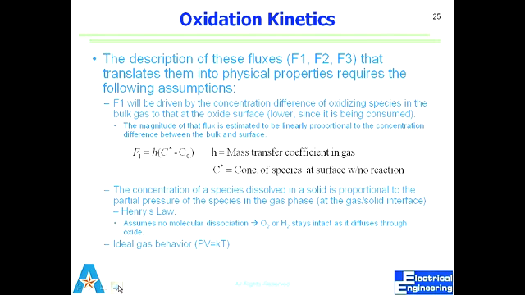PV equals KT. We have never seen temperature like this in terms of gases before. We have always considered K to be constant, where if P goes down, V goes up, and if P goes up, V goes down. Not anymore, because now we have a real dependence on P, where a change in P will define how much oxygen can diffuse into silicon.